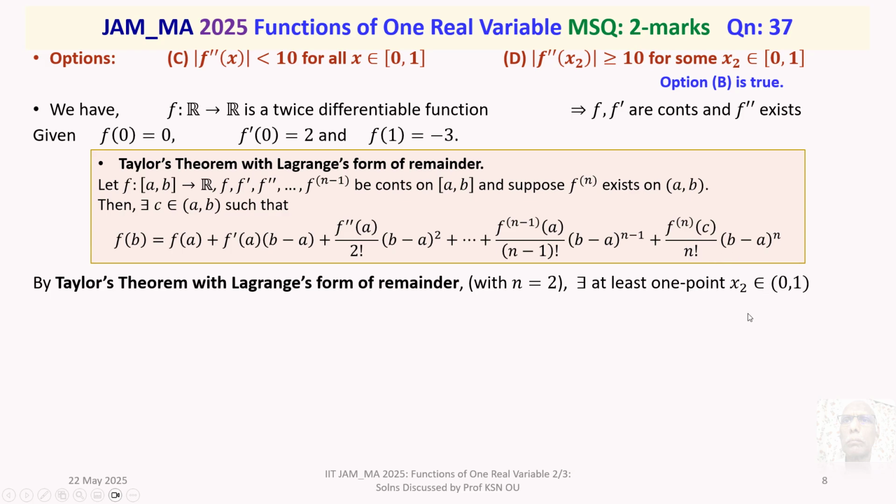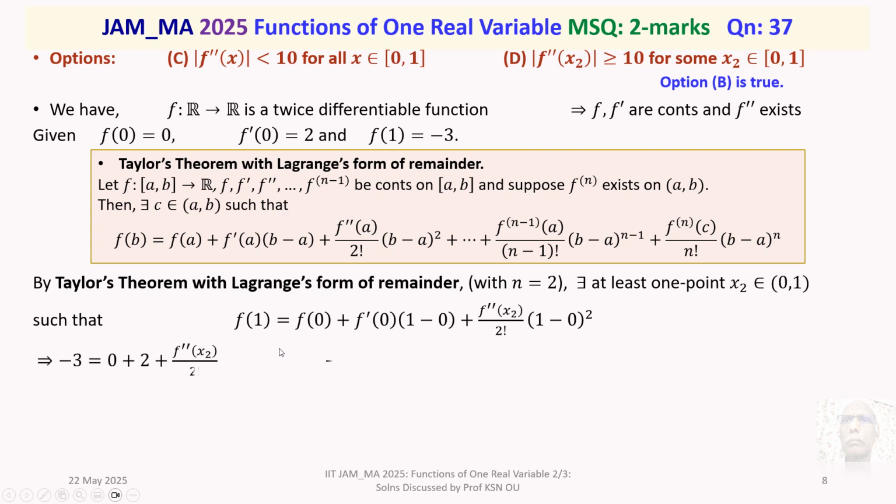For c, we have taken x2, such that f of 1 is equal to f of 0 plus f prime 0 into 1 minus 0 plus the Lagrange's form of remainder, f second derivative at x2 by 2 factorial into 1 minus 0 whole square. Substitute the values of f of 1, f of 0, f prime 0. Then you will get minus 3 is equal to 0 plus 2 plus f double prime x2 by 2 factorial.